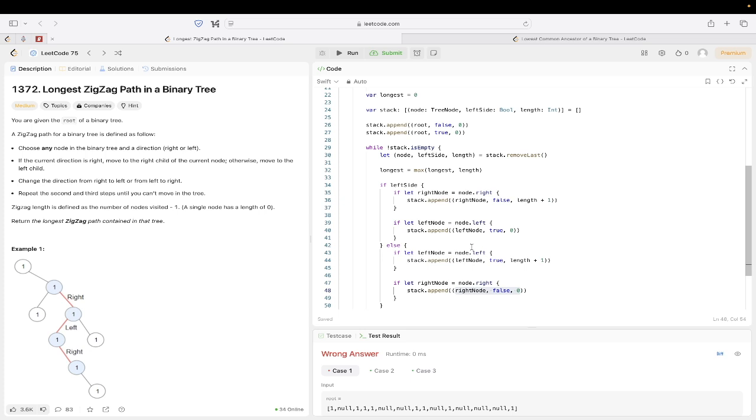And if we're going to the left, our left node true 0. Then else if we're on the left, we append the left node true +1, and the right node right child false 0.